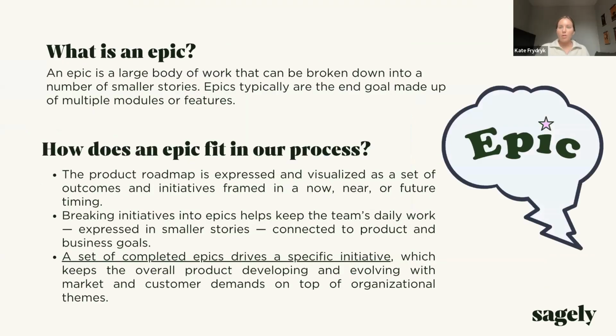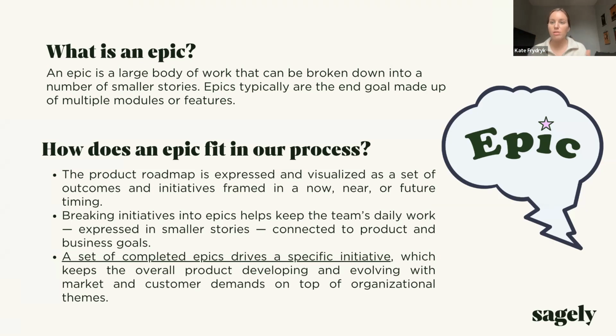All right, so what is an epic? An epic is a large body of work that can be broken down into a smaller number of user stories. And they're typically the end goal made up of multiple modules or features. So an epic can fit into our process as part of the product roadmap. So the product roadmap will basically be now, near, future, and the set of outcomes. And then the epics are basically how we're going to get to that outcome.